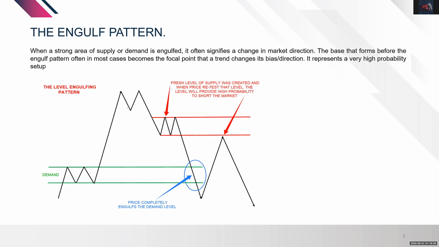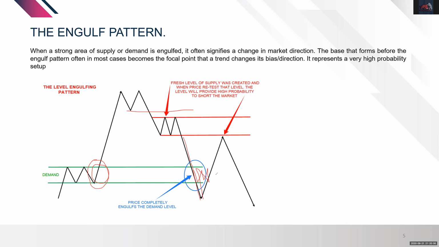Now, after creating a new level of supply up here, when price comes back to this demand zone, you can see price massively rallies through and engulfs this whole area. There's no price meandering here, right? It just engulfs the whole area.